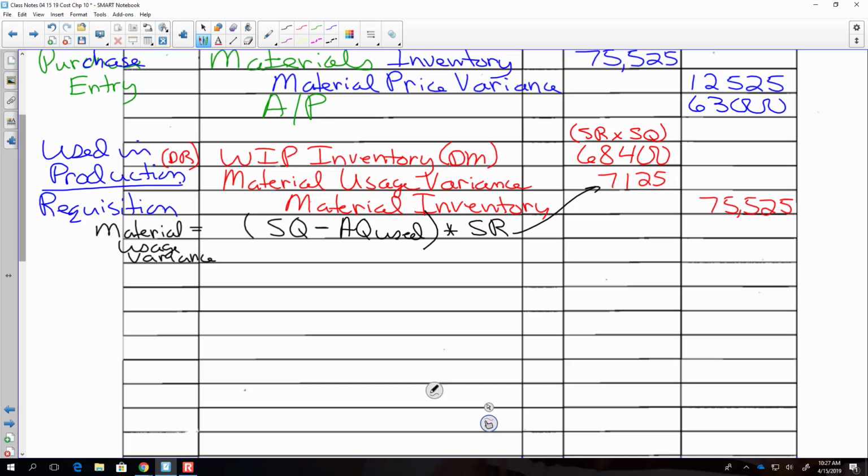That will also give you the variance amount of 7,125. So be comfortable doing it in a journal entry. Be comfortable with doing it using letters, basically, like algebraic letters.